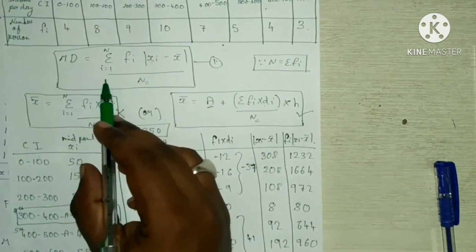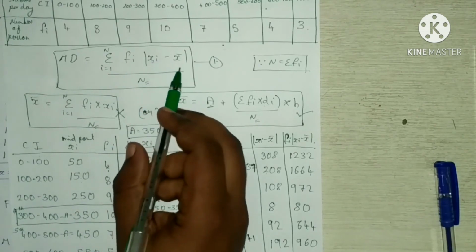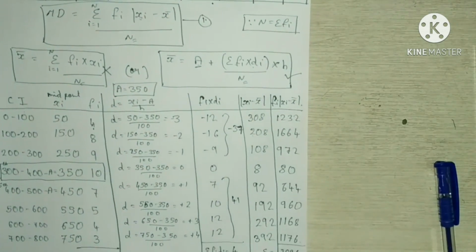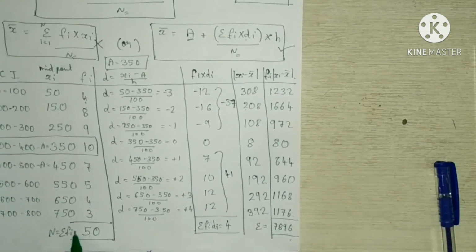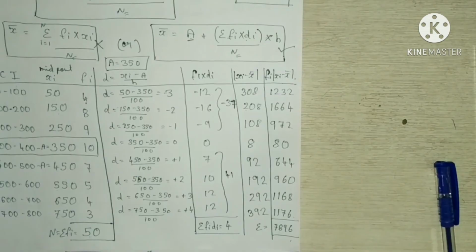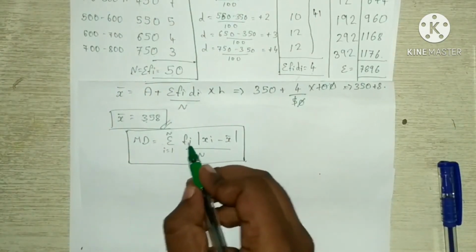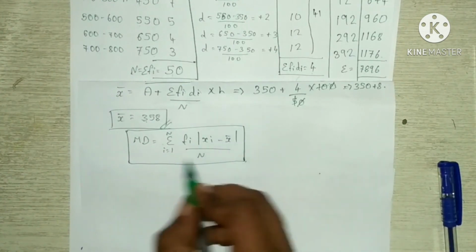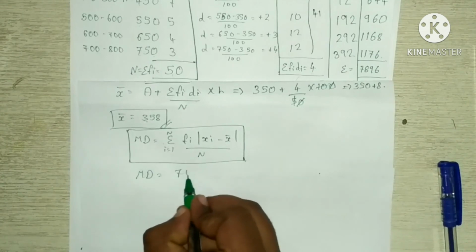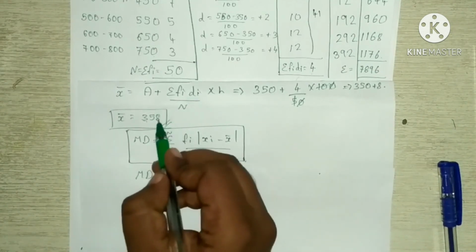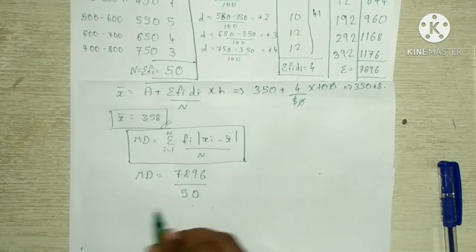Mean deviation is equal to summation Fi into modulus of Xi minus X bar by N, which is 7896 divided by N, which is 50.